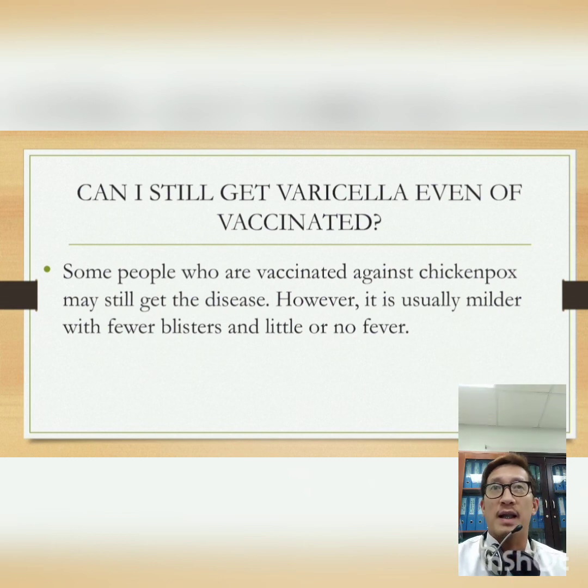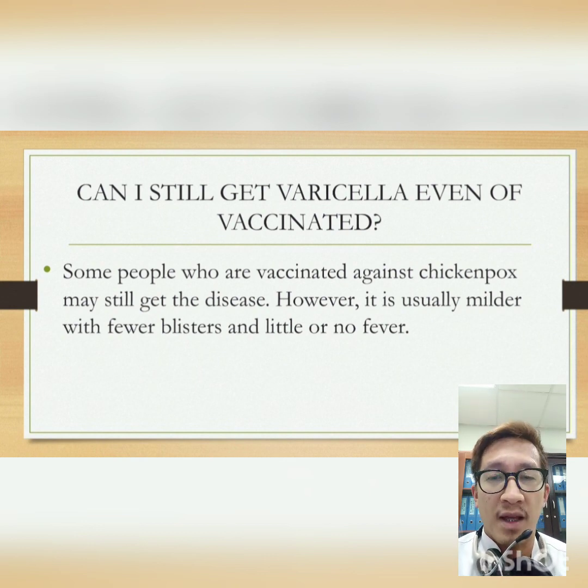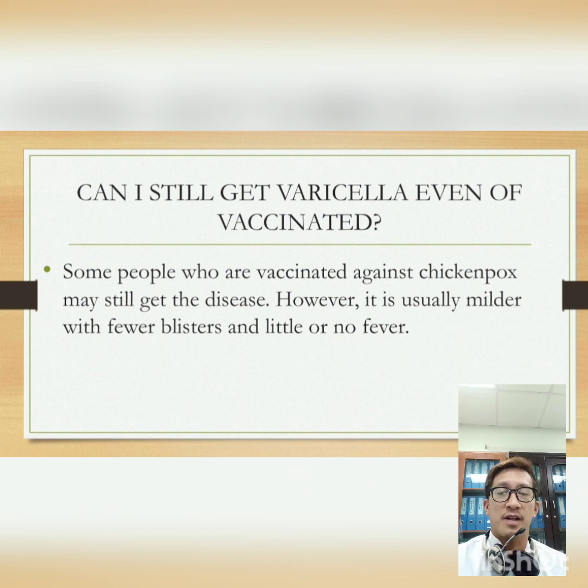So I hope that if you have any records of immunity that suggest that you have been exposed to the disease before, or you are immune already to the disease or infection, or if you have any documented vaccination that you received 2 doses of your MMR or varicella, then that will be a guarantee that you are immune already to the disease.